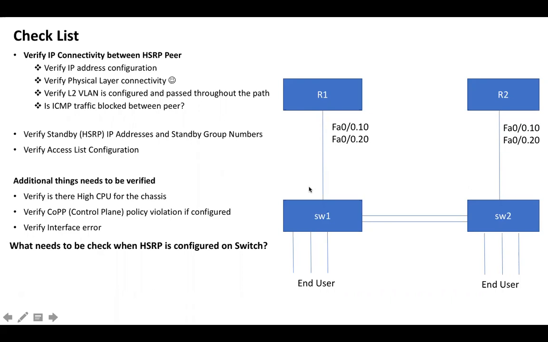Correct? Now we have to verify HSRP configuration for this particular subinterface, where we have to make sure that HSRP group number and HSRP virtual IP address, HSRP VIP, is same on R1 and R2. Let's assume HSRP group number and standby IP address or VIP configuration is perfectly fine between R1 and R2.